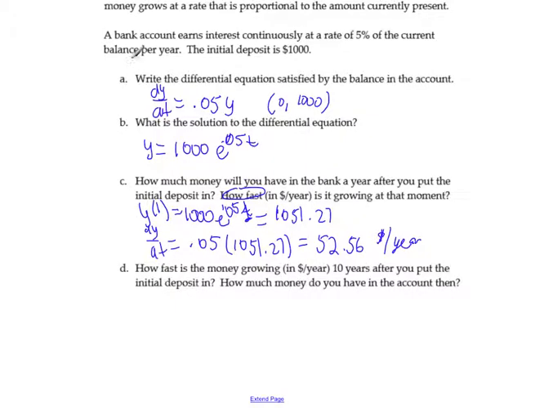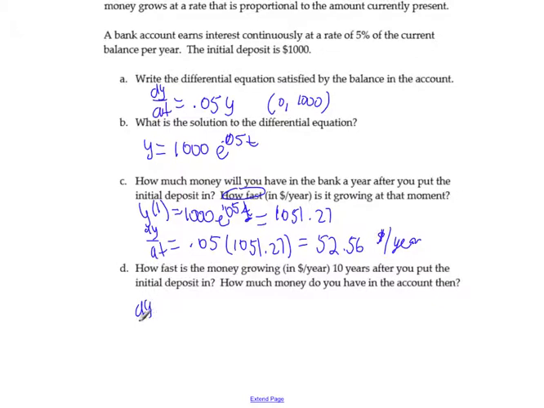Okay, and then the last question, how fast is the money growing in dollars per year 10 years after you put in the initial deposit? Let's figure this out. How fast? That means we're looking for dy/dt, but what do we have to put into dy/dt? It's 0.05 of how much money we have at that moment. So first we have to figure out how much money we actually have at that moment.